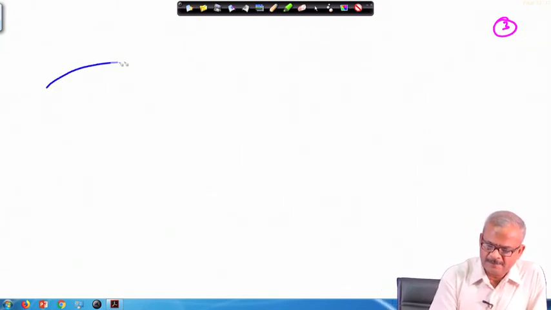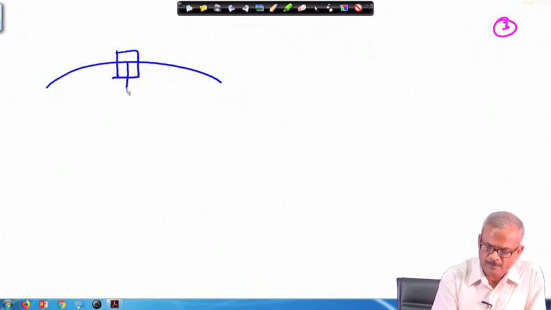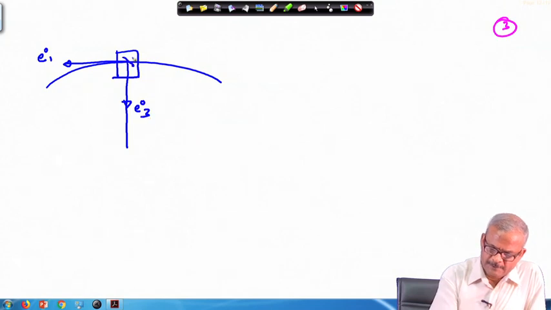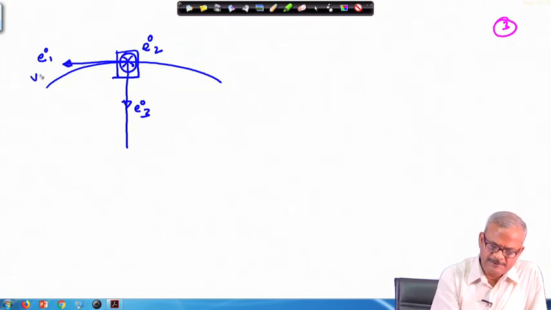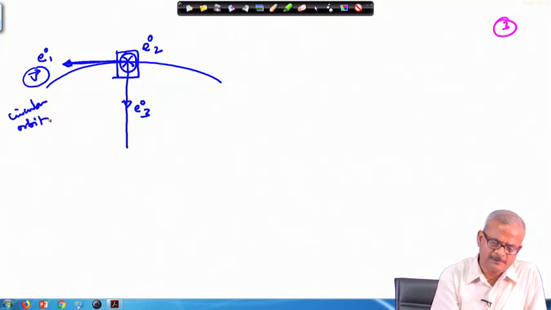The reason is that once the satellite is going into the orbit, this is your E 0 1 direction, here you have E 0 3, and into the page this is E 0 2. As you know, the velocity vector of the satellite is along this direction, and this is the circular orbit.